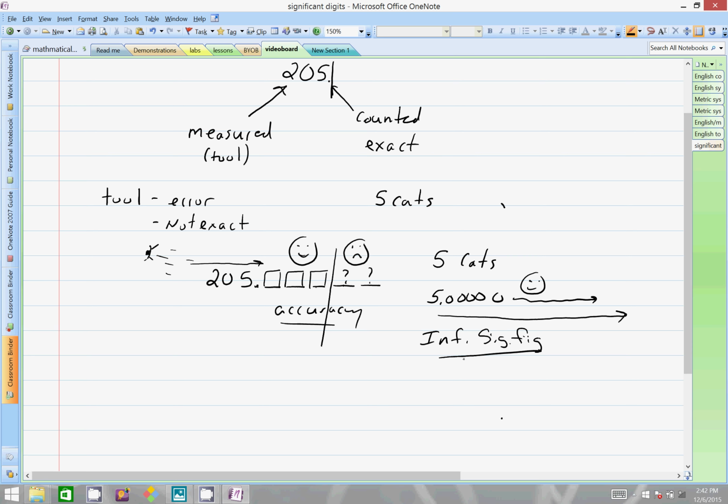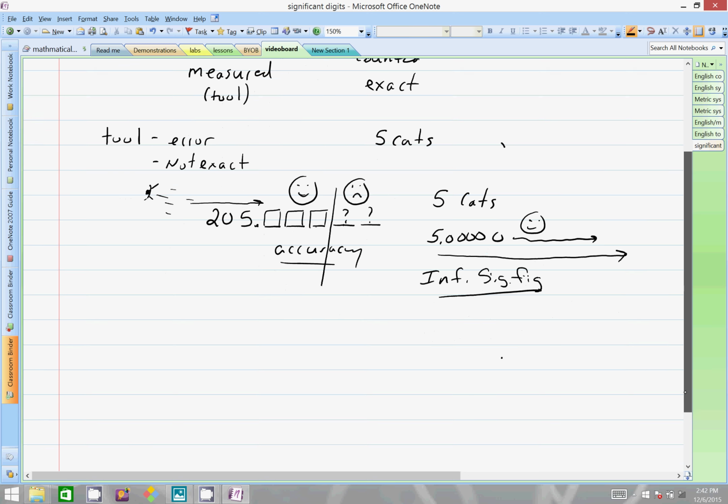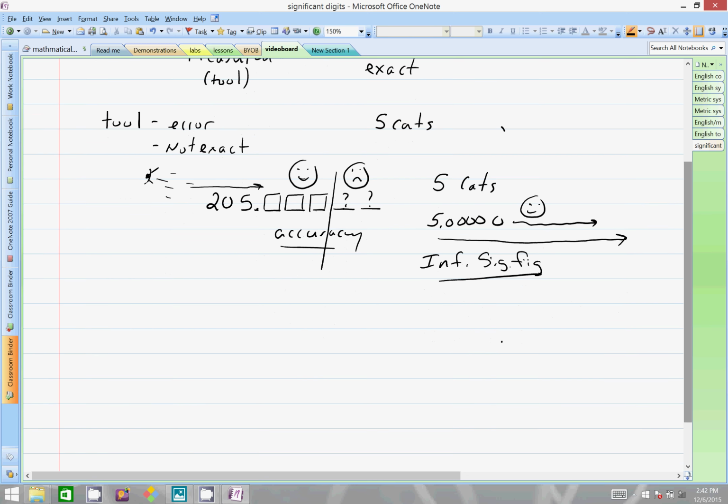Now, this is the first time we've talked about this idea of a significant figure. One quick note here. Again, this is something that may not be seen everywhere. I call this the decimal rule.